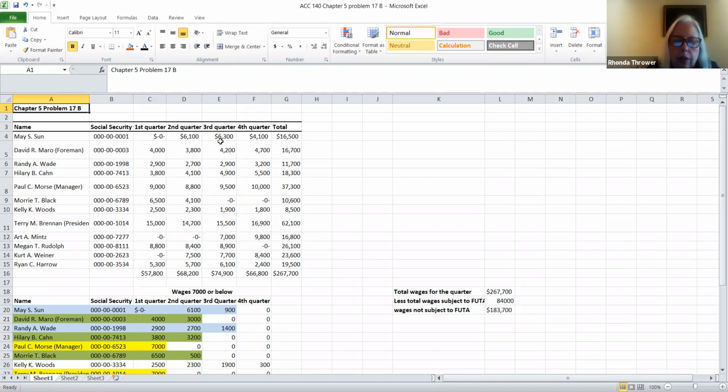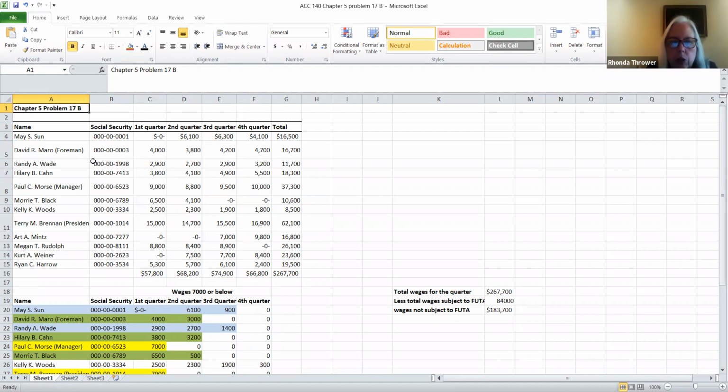Remember, there is a ceiling of $7,000 for FUTA purposes. So the $6,100 she was paid in the second quarter would be taxable for FUTA, and only $900 of this $6,300 would be taxable for FUTA purposes.